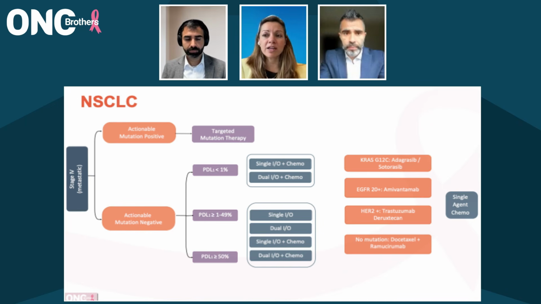And this can be done at your institution, some via IHC, some via other panels. So we need to sort of stratify these patients first, 50% or greater. And if it's 50% or greater, they go into the high PD-L1 expressors cohort, and I can talk about that. Or you look into patients with PD-L1 1% to 49%, or no expression of PD-L1.